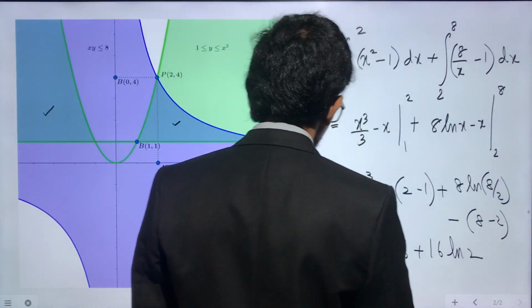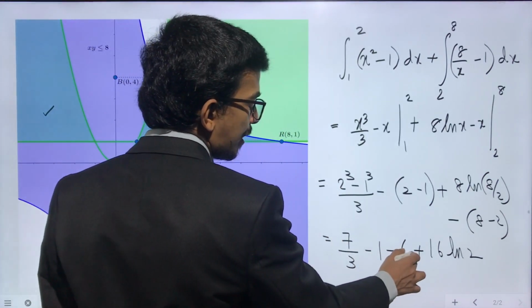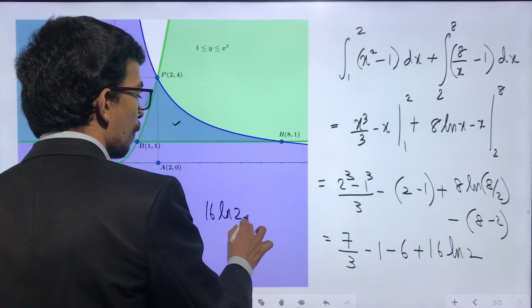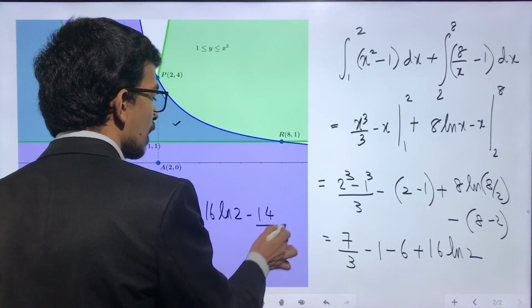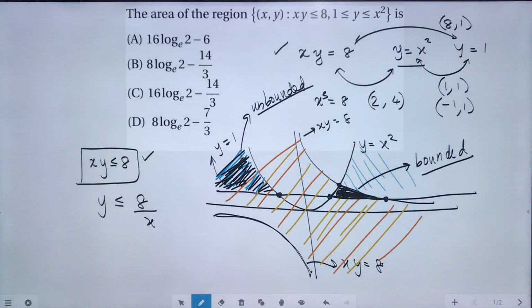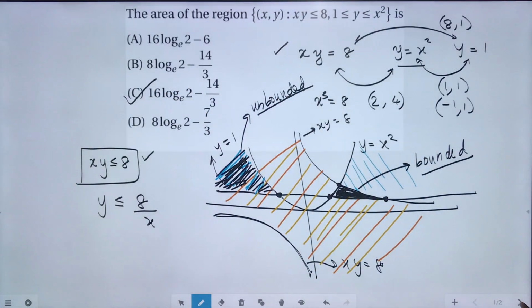Now this value is going to be 16 log 2, and 7 by 3 minus 7 is minus 14 by 3. So 16 log 2 minus 14 by 3 is our answer. Okay.